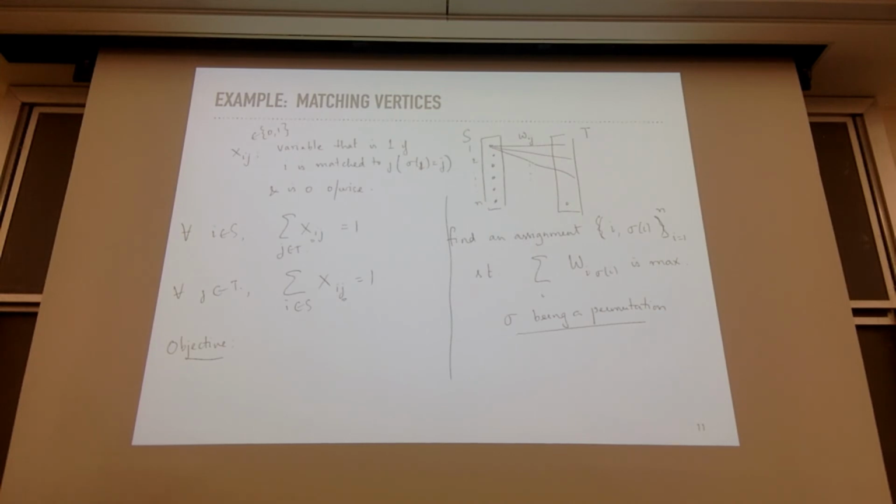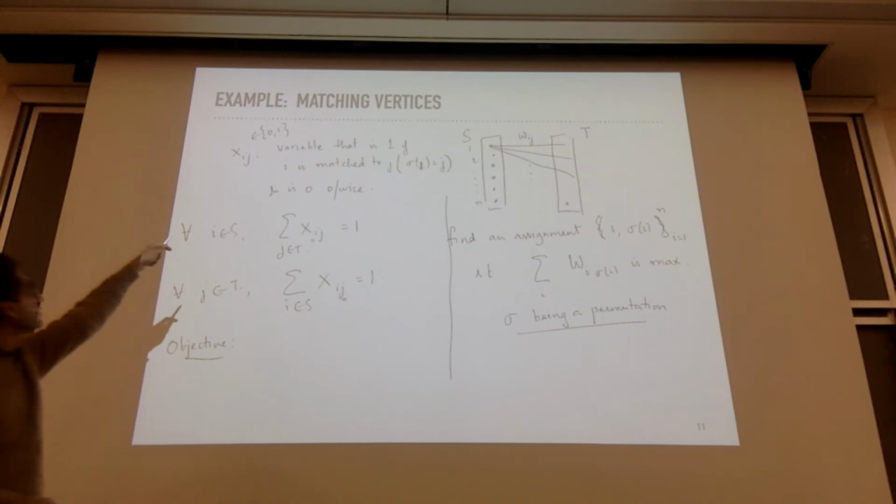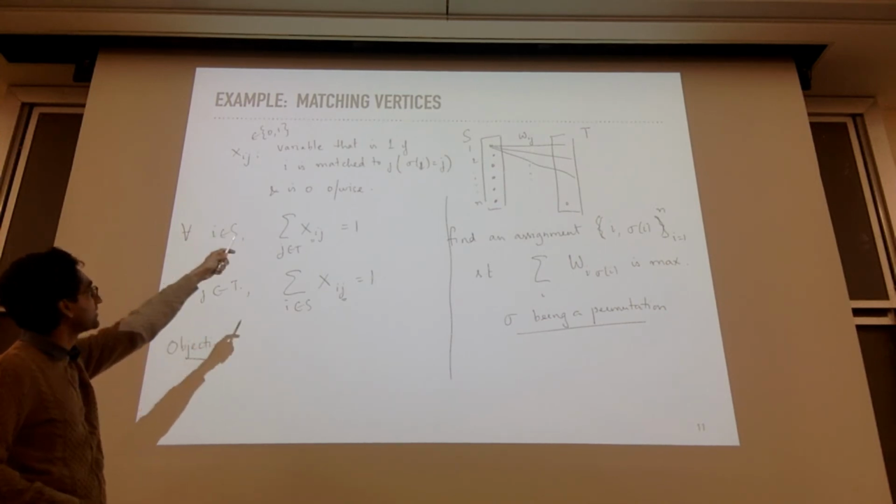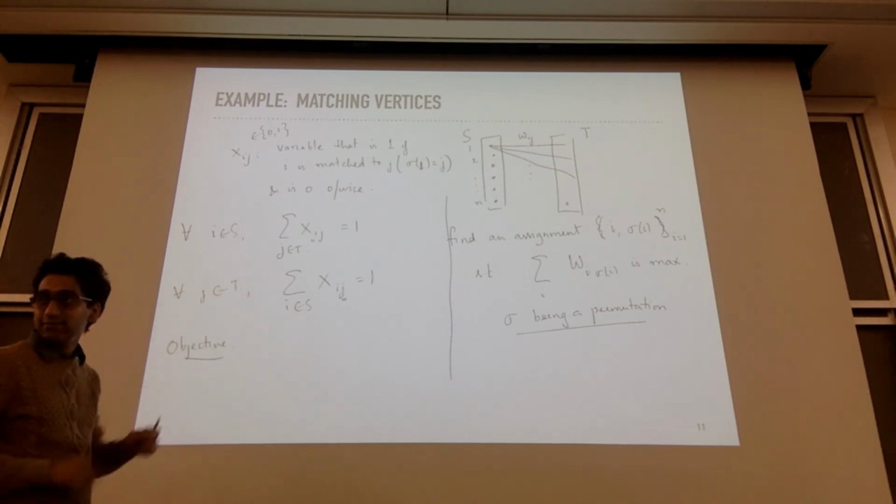So ideally, what you want to say is sum over all edges ij for which x i j equals 1. Right? Because x i j was 1 only if j was sigma i. That's how we defined x i j. So it's a variable that is 1 if i is matched to j and 0 otherwise.